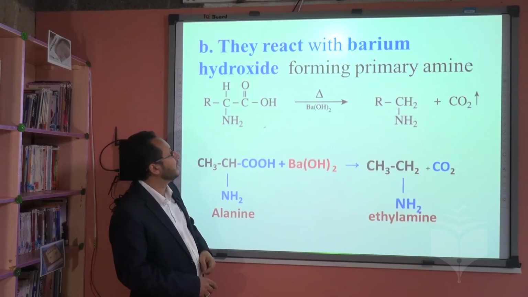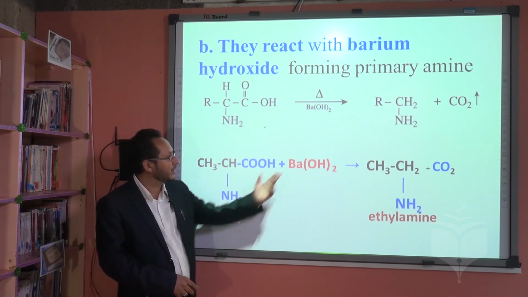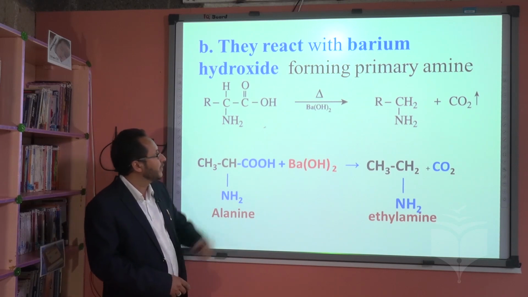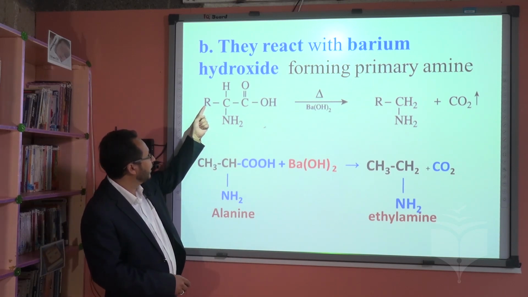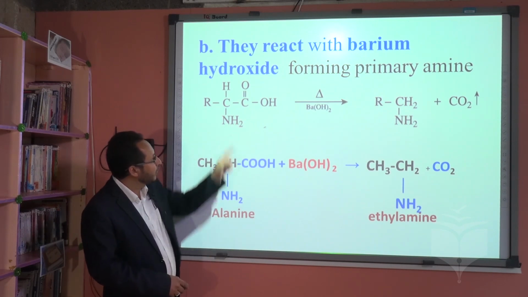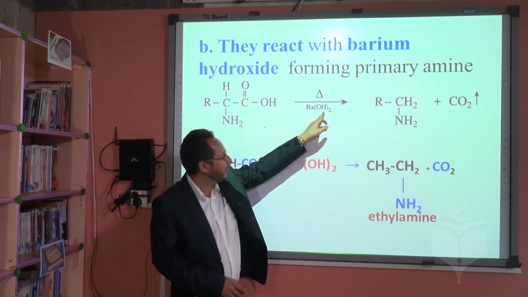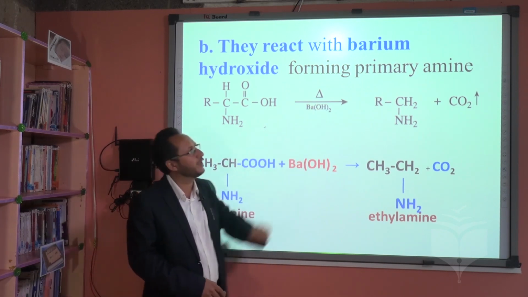The second reaction is with barium hydroxide. Barium hydroxide is Ba(OH)2. The general rule: this is the amino acid, RCH(NH2)COOH. You have to remove COO by barium hydroxide in the presence of heat.